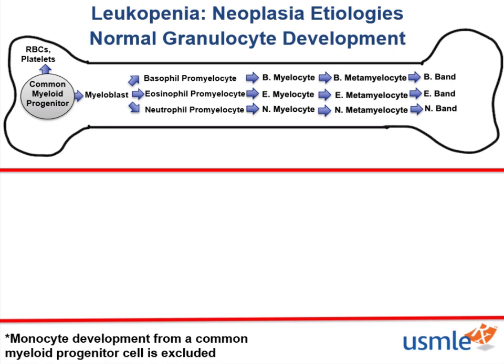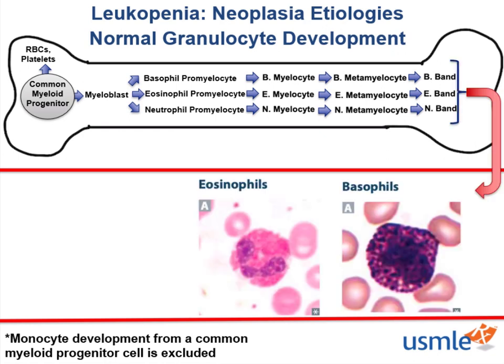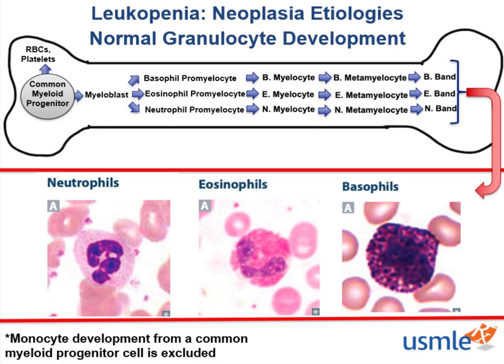Really, the normal is that a few immature forms like bands can make their way into the bloodstream, but the majority of cells are released from the bone marrow into the bloodstream in their mature forms of basophils, eosinophils, and neutrophils.